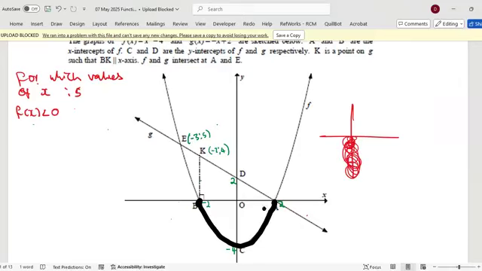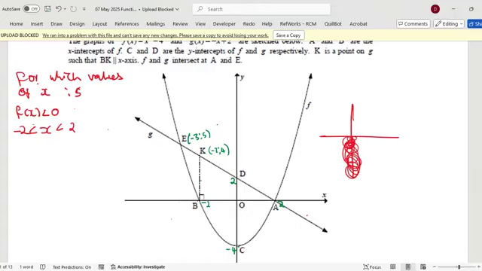To answer the question, for which values is f of x less than 0, where is y negative? y is negative whereby x is between negative 2 and positive 2.